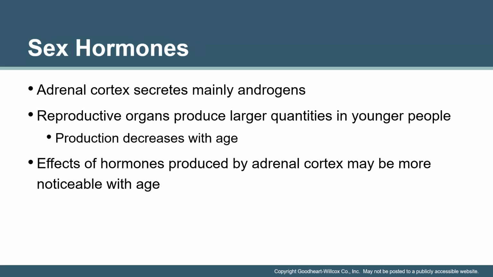Okay, when we get to the sex hormones, the adrenal cortex secretes mainly what we call androgens, which are male sex hormones, primarily testosterone and small amounts of estrogen. The reproductive organs will also produce sex hormones.